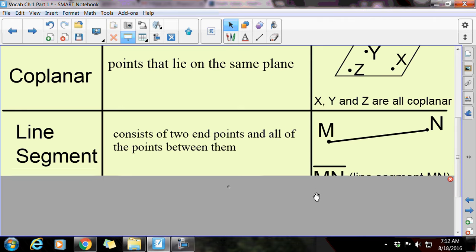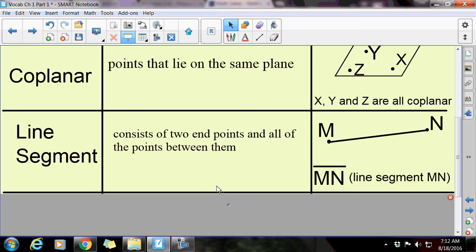Okay, hit pause if you need to. Line segment. Remember on the last slide we had line. This is line segment, and the word segment is really important. This is a line, but it consists of 2 endpoints and all of the points in between them. So notice there's no arrow here, there's no arrow here. There's a point M and a point N, and this line does not extend beyond these 2 points.